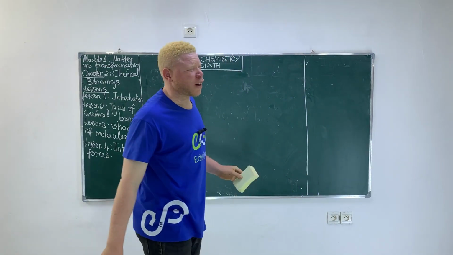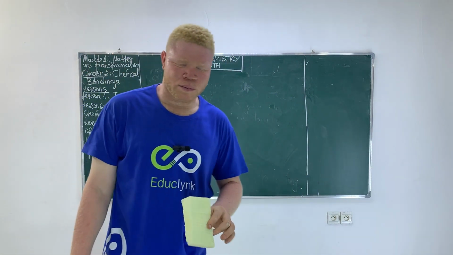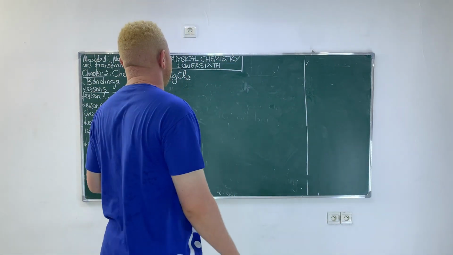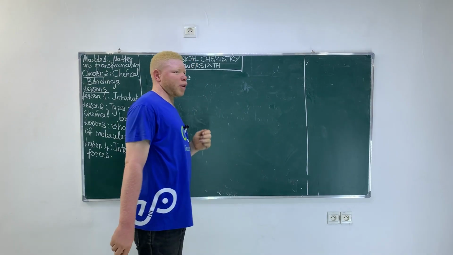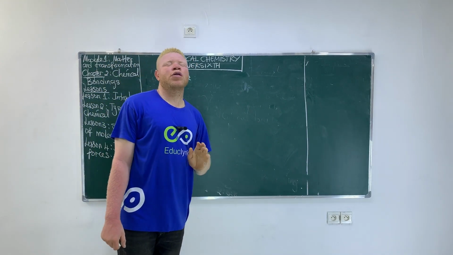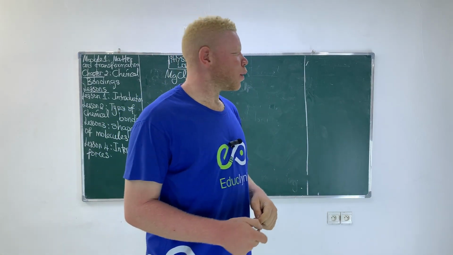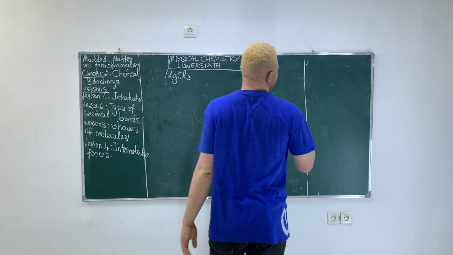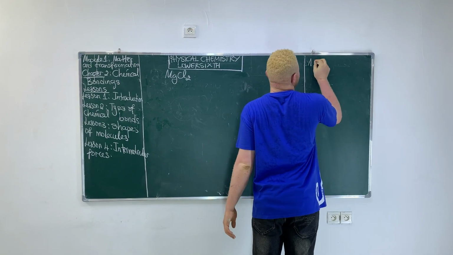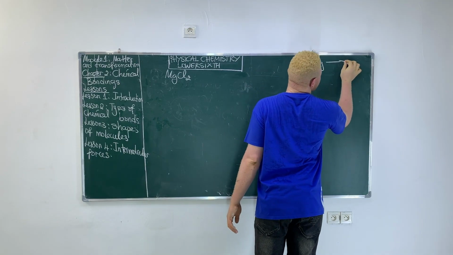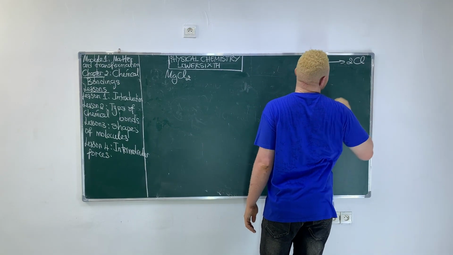Magnesium chloride is made up of magnesium and chlorine, but we don't just have 1 atom of chlorine, we have 2 atoms of chlorine. So the stoichiometry is 1 magnesium to 2 chlorine. It means 1 atom of magnesium goes with 2 chlorine atoms.